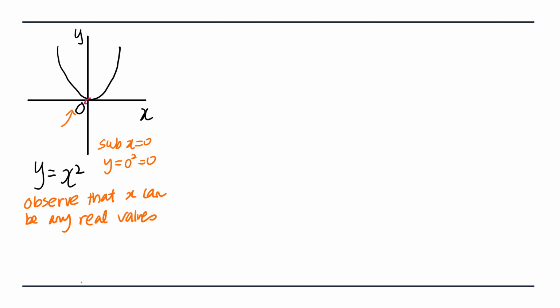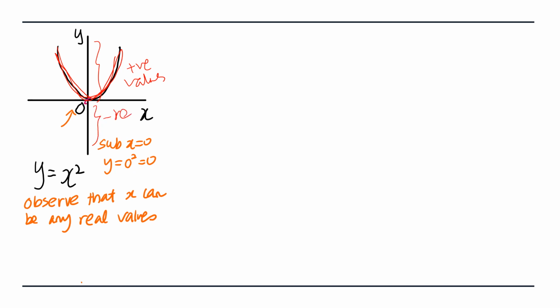Then if you look at the curve there, when you square it, you can clearly see that the curve is above the x-axis. That means all these are positive values. Below the x-axis will be negative values.